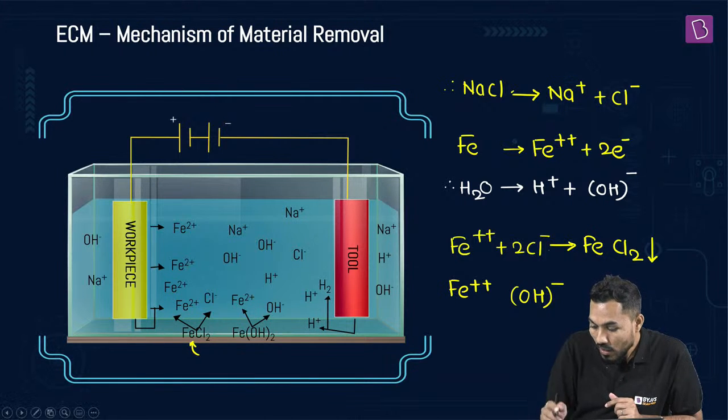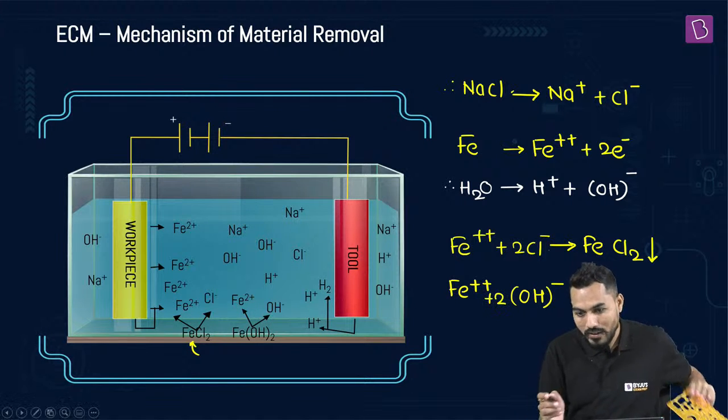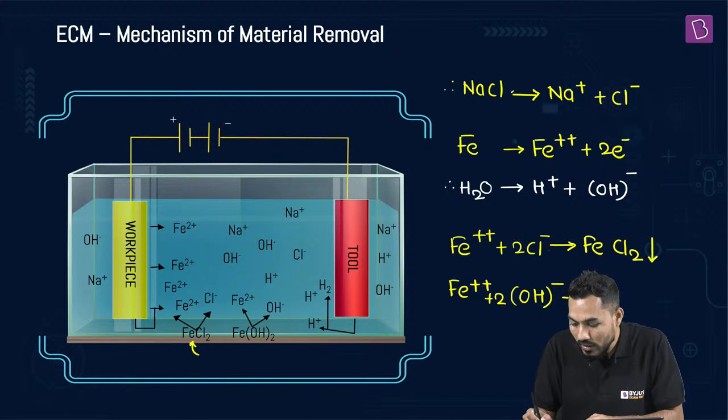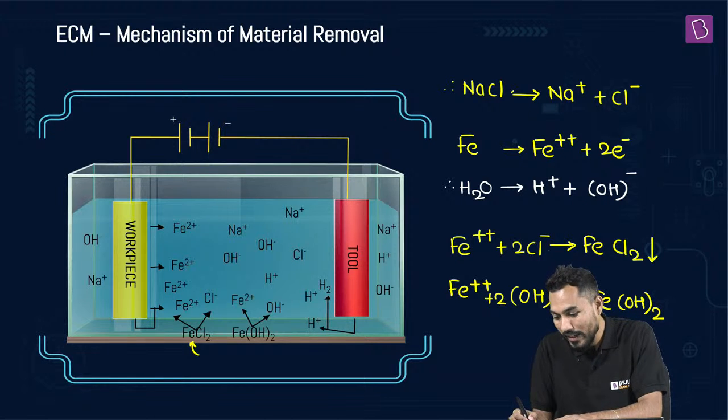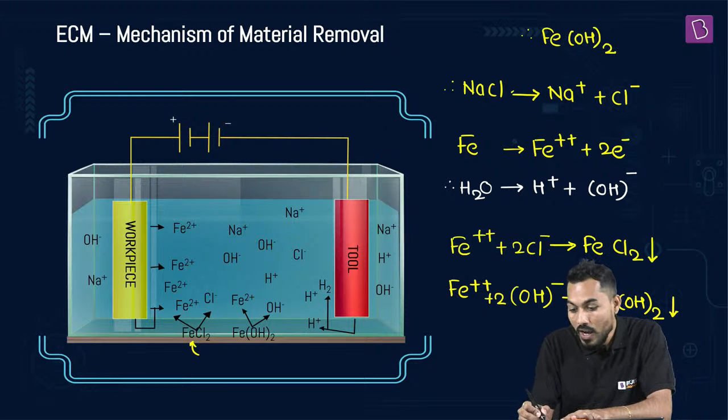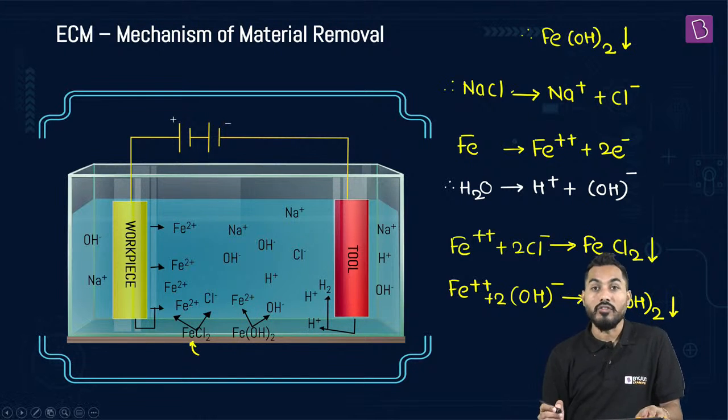How many hydroxyl ions? 2 hydroxyl ions it will react with, and it will generate ferrous hydroxide, Fe(OH)2. This is exactly one more precipitation. So I can write down here Fe(OH)2. That is exactly a precipitate formation that takes place here, ferrous hydroxide.